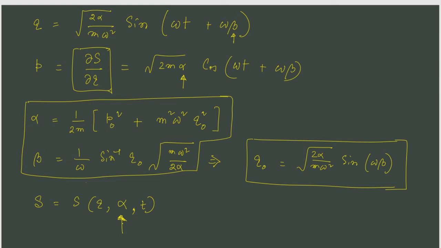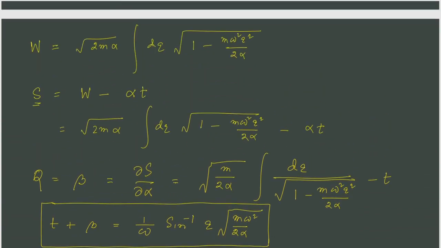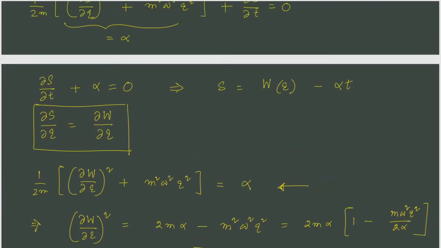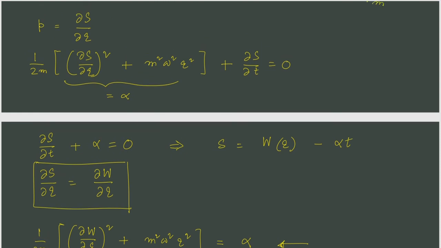Is there any conflict here? Actually, no. We already discussed that generalized coordinates do not have to conform to the existing notion of position and momentum. By definition, the way we have chosen alpha, it appears here.